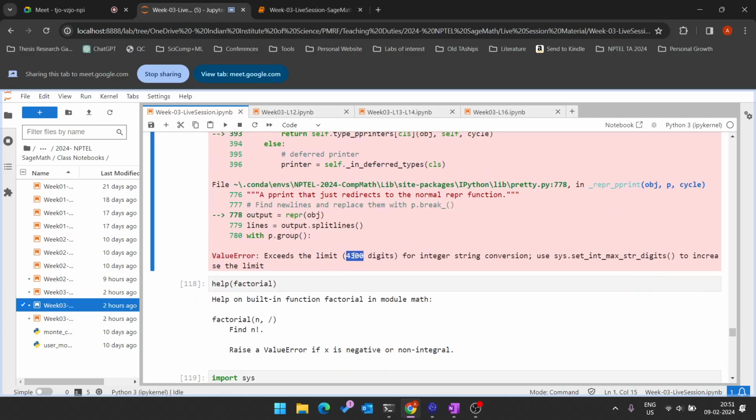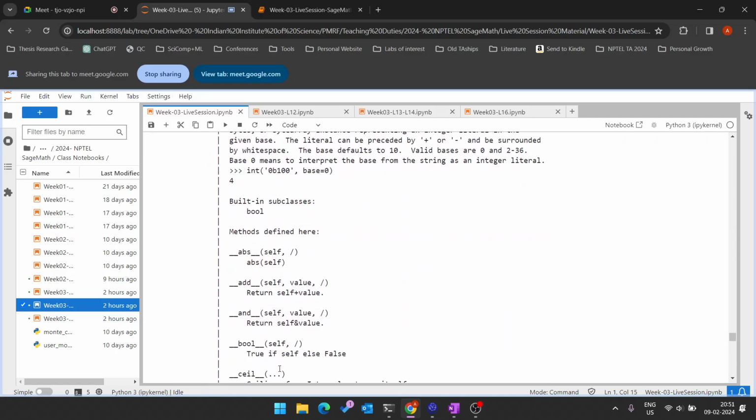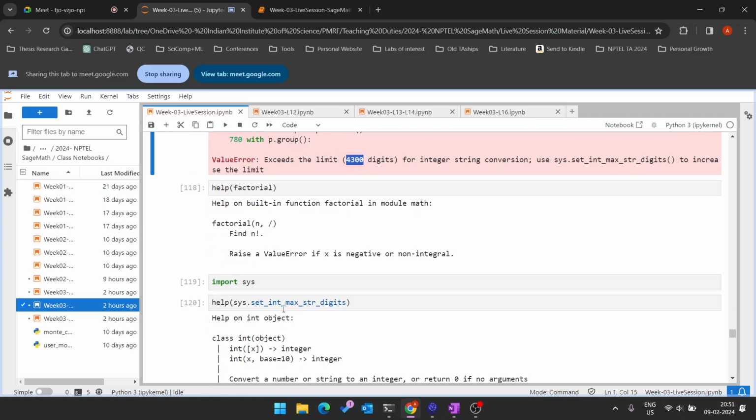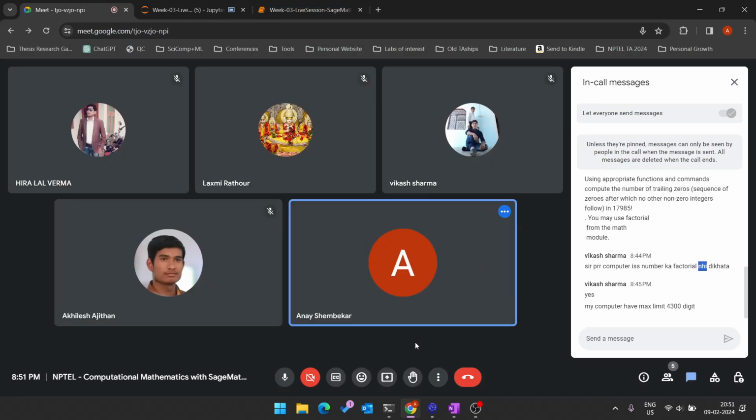Still saying 4300 digits. Okay, I'll look this up and get you an answer in the next class. At the moment, I'm not sure what exactly is going wrong. Would that be okay? Okay.